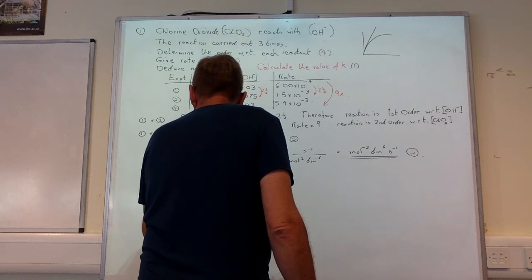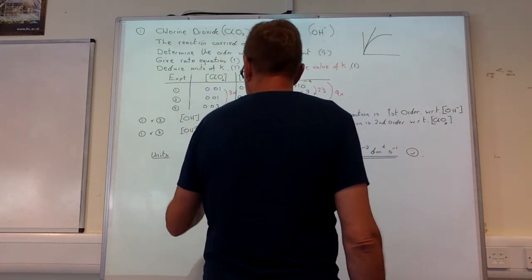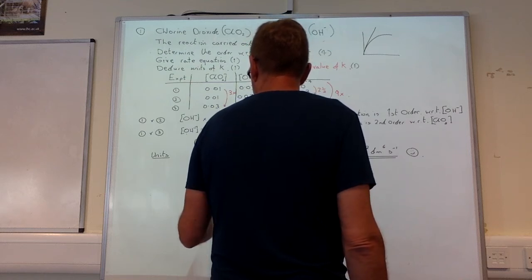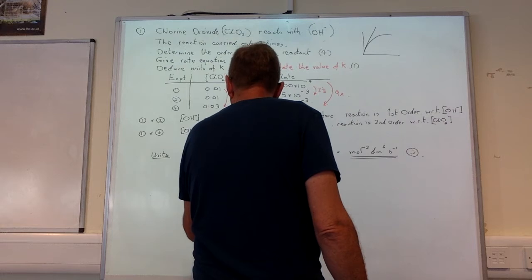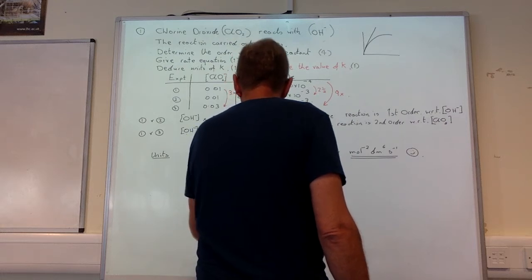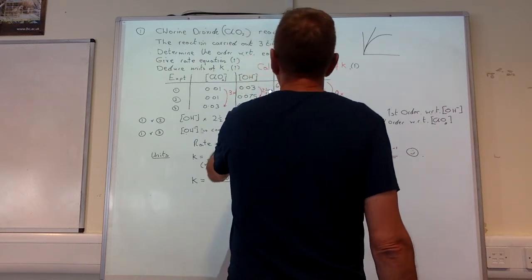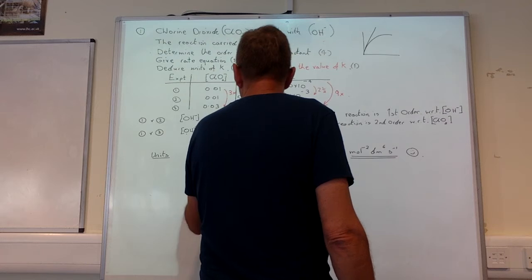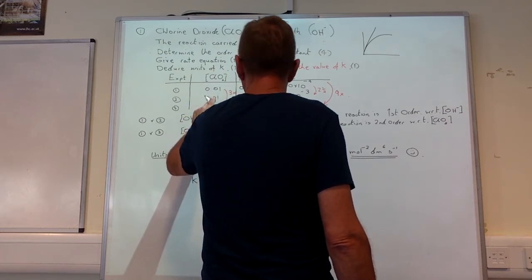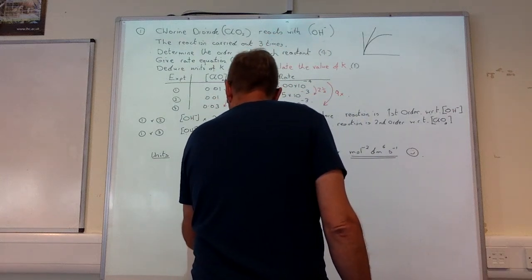Okay, let's just do line 1. K is equal to the rate, 6.00 times 10 minus 4 divided by this thing, 0.01 squared.